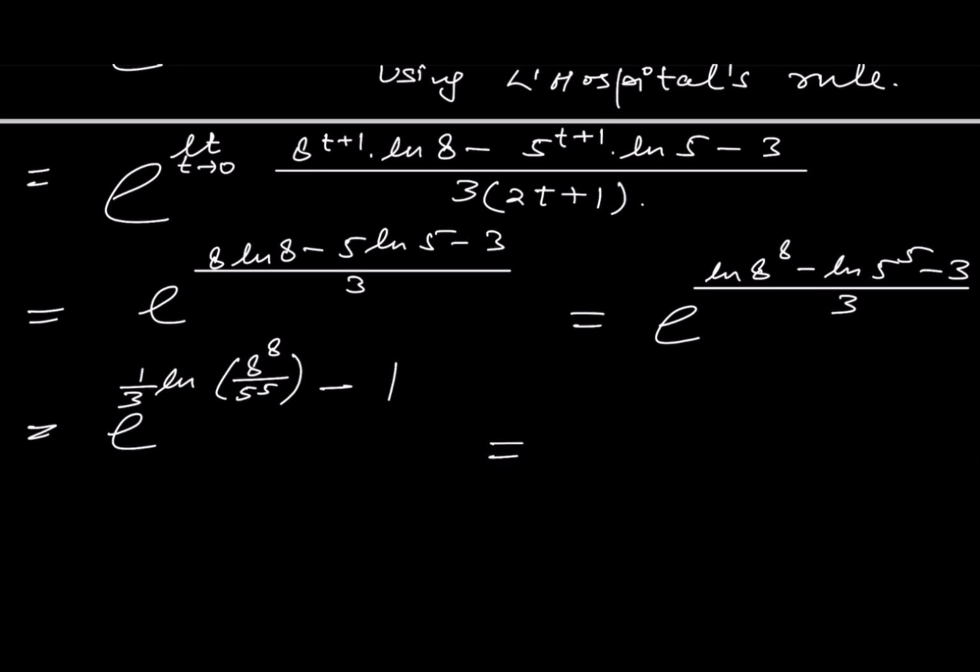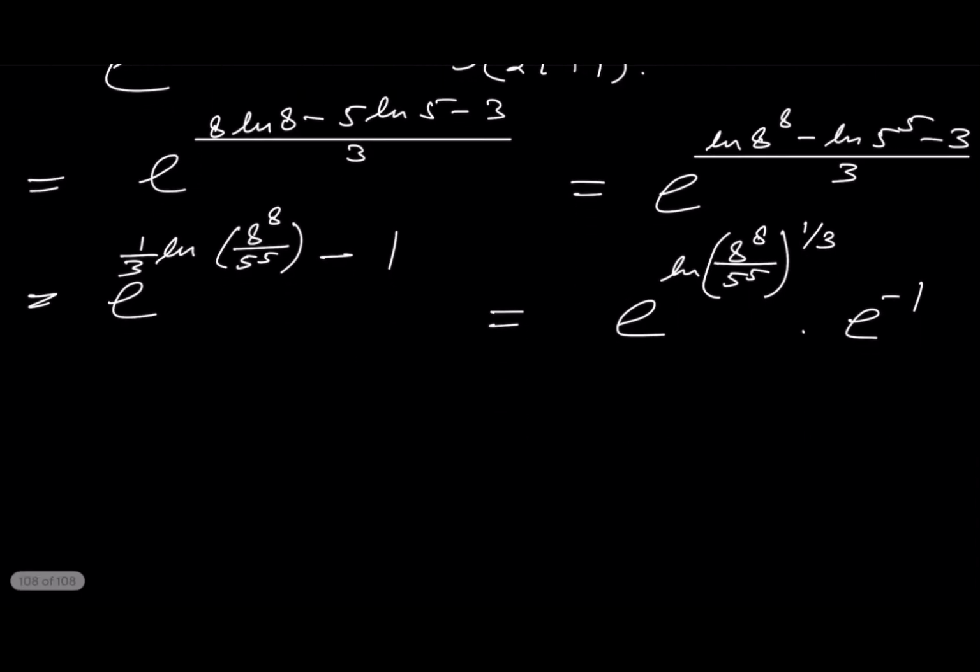Or this can be written as e to the power ln of (8 to the power 8 upon 5 to the power 5) whole power 1 by 3, by using the property of log, minus 1, or e into e to the power minus 1. Now this can be written as (8 to the power 8 upon 5 to the power 5) whole power 1 by 3 into 1 by e.